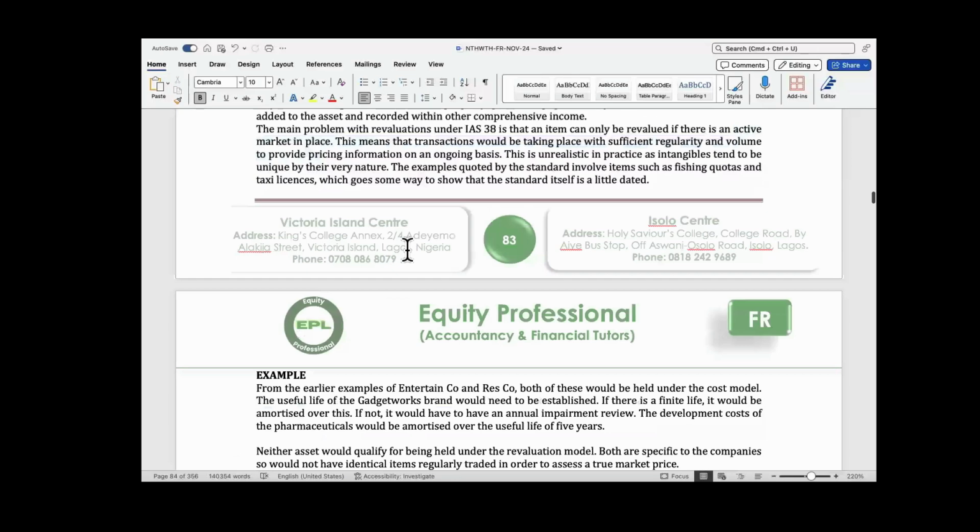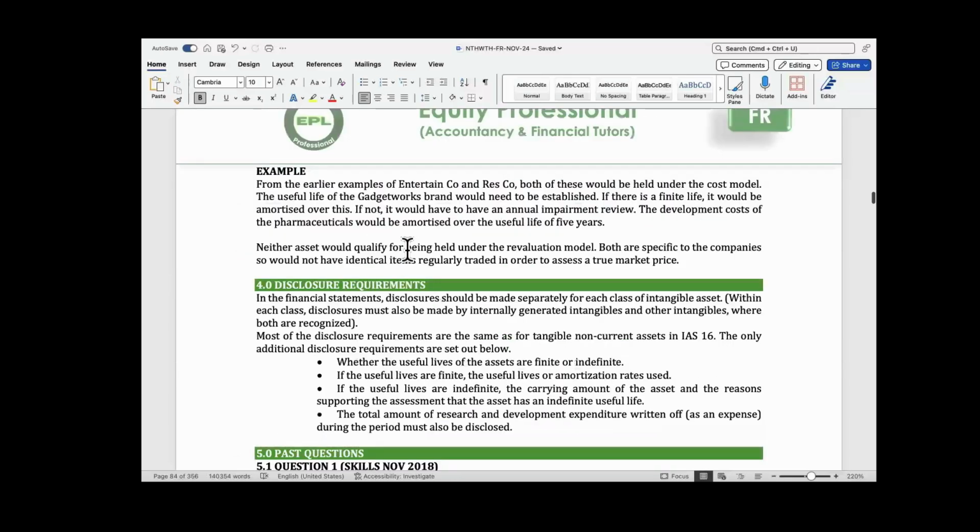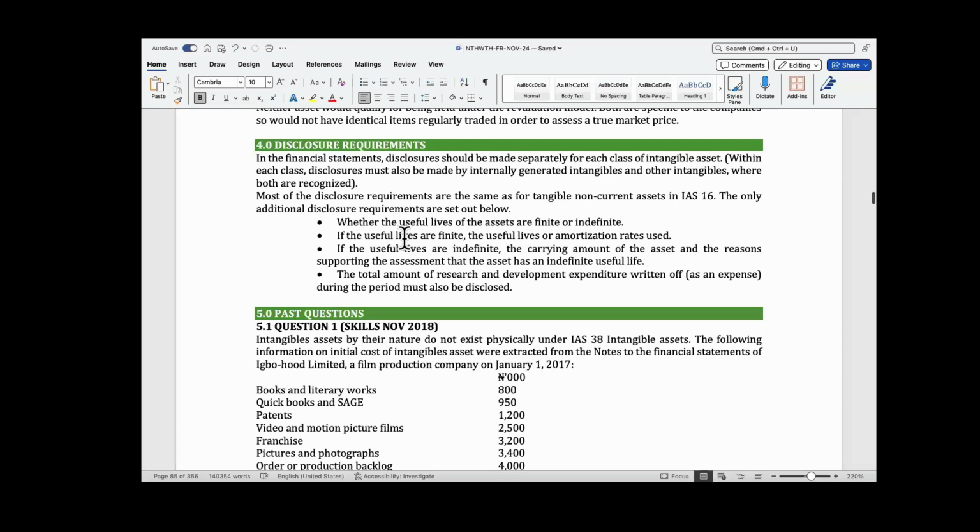Okay, so the disclosure requirements here are also similar to those of IAS 16. You need to disclose whether the useful life of the asset is finite or indefinite. You need to tell us the amortization methods. In fact, most of the disclosure requirements are the same as IAS 16.